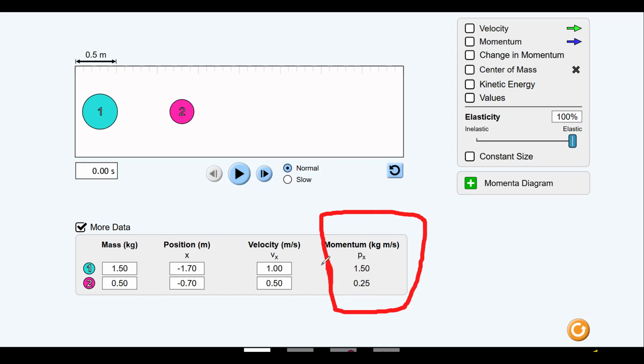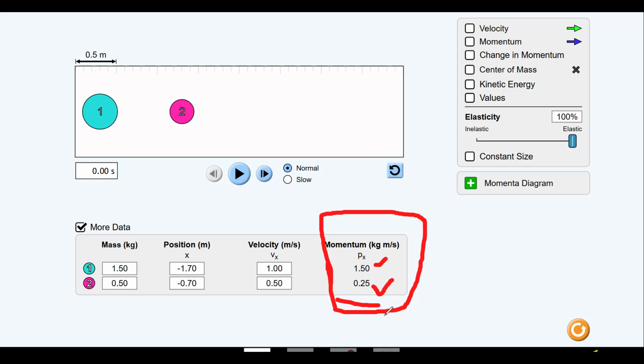Now, this is the momentum before collision. This is the momentum of the first object, and this is the momentum of the second object. You can add those values: 1.5 plus 0.25, you will get 1.75 kilogram meter per second.